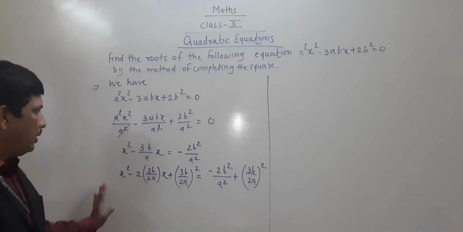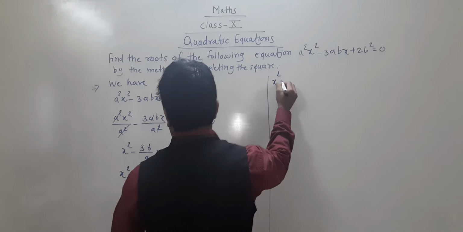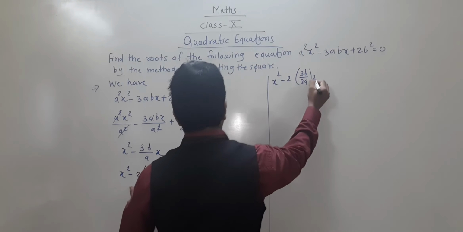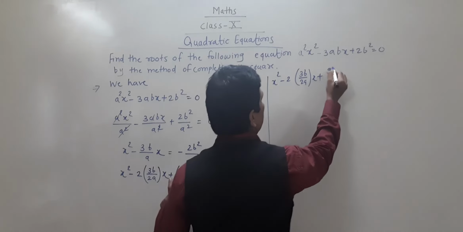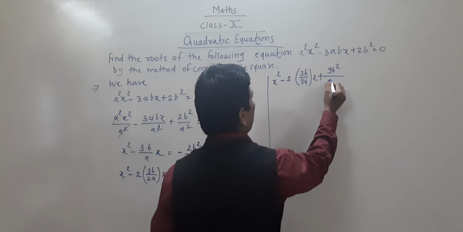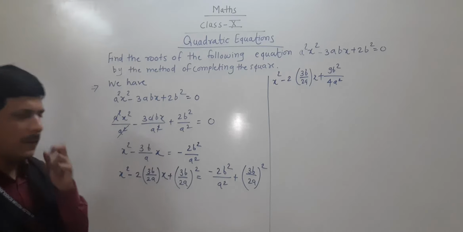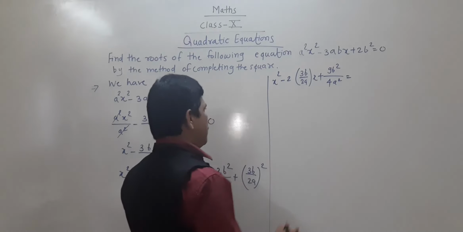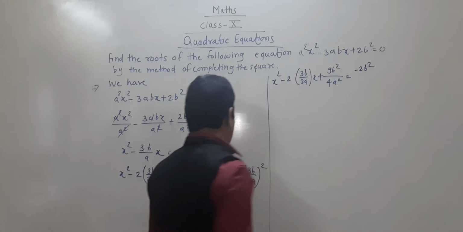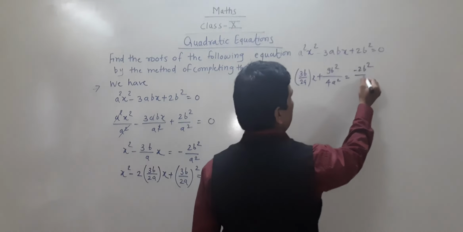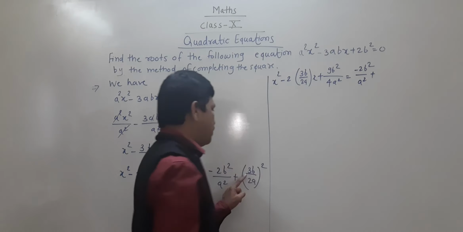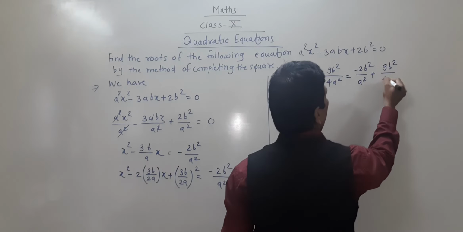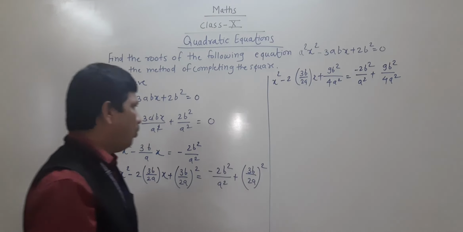So I am going to take as it is x square minus 2 into 3b upon 2a into x plus 9b square upon 4a square is equal to minus 2b square upon a square plus 3b square will be 9b square, the same will come, 9b square upon 4a square.